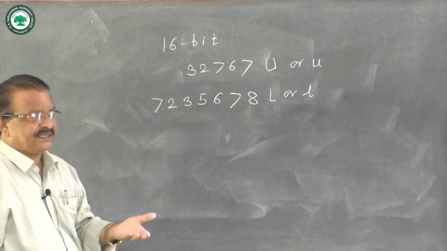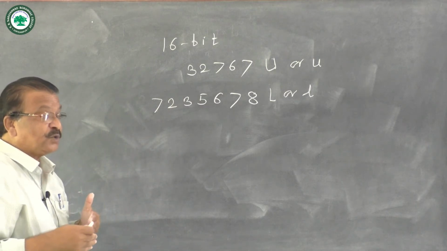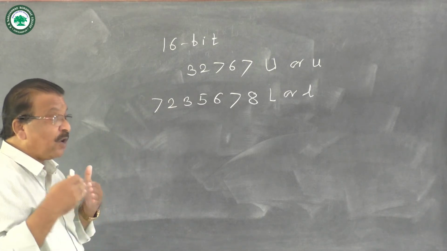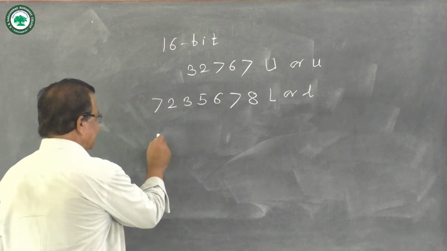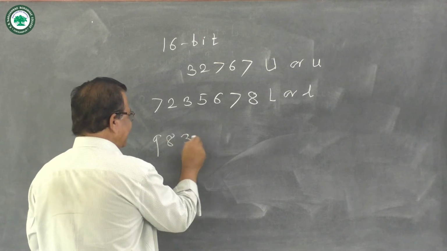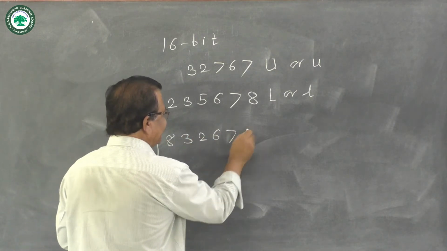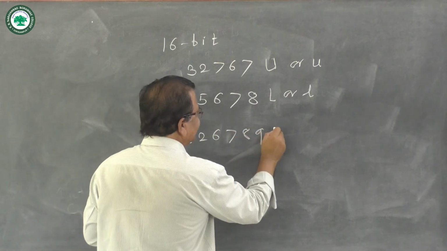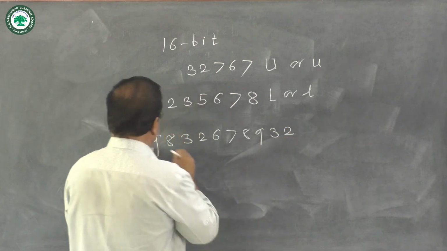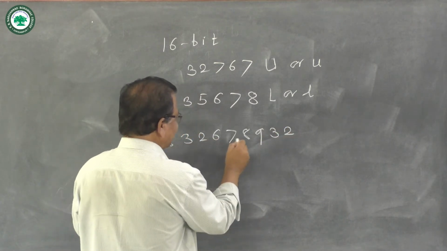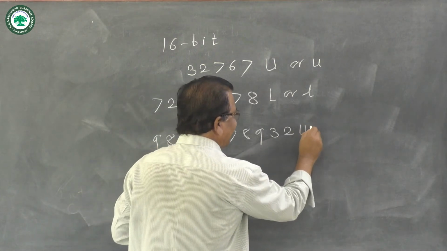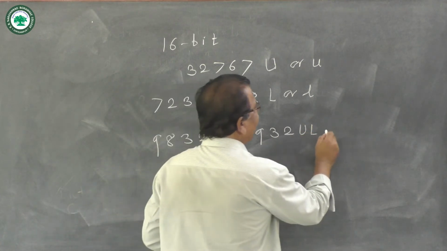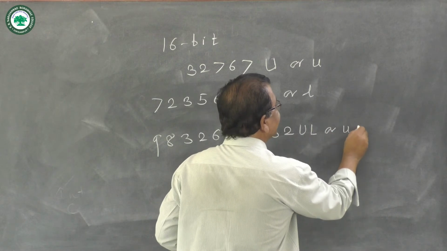stored on a 16-bit machine. If I want to store a 10 digit or more digit number on a 16-bit machine, such as 9832678932123456789, then I have to append UL, uppercase or lowercase.